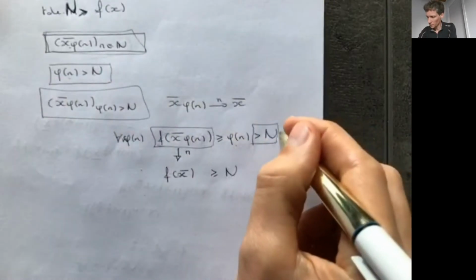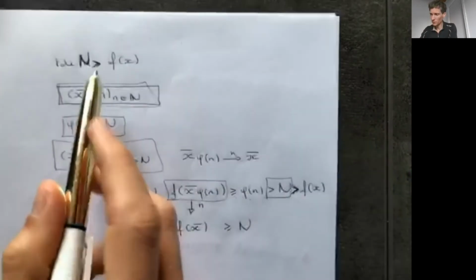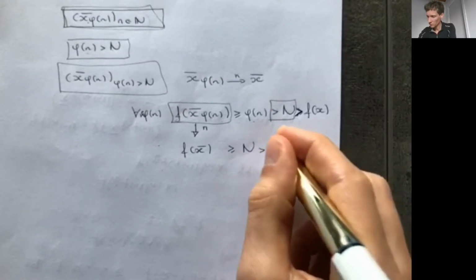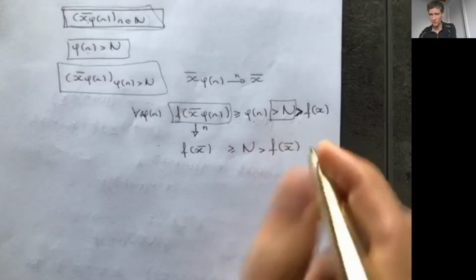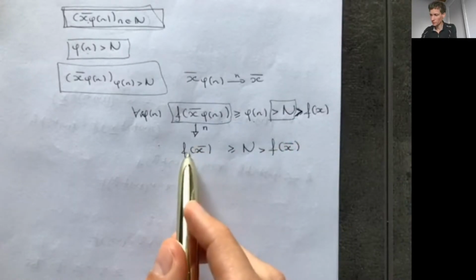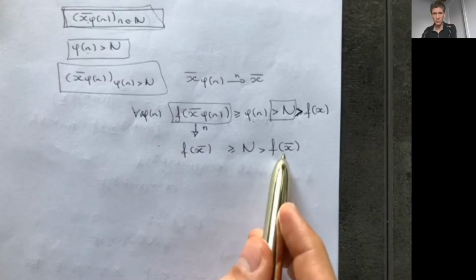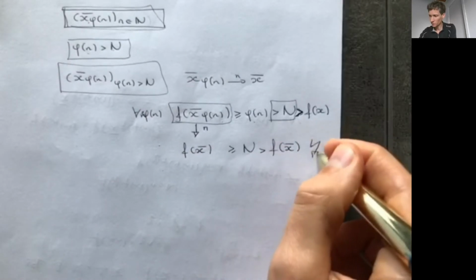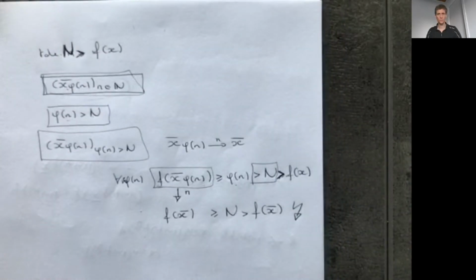And we chose N to be bigger than f of x, so this gives you that this is greater than f of x. So in the end, what you get is that f of x is strictly bigger than f of x, and this gives you the contradiction.